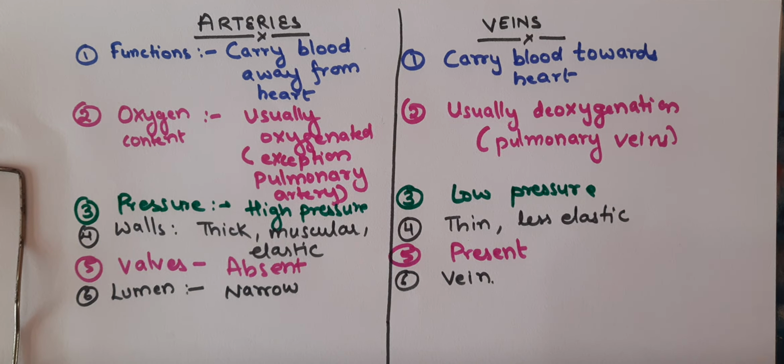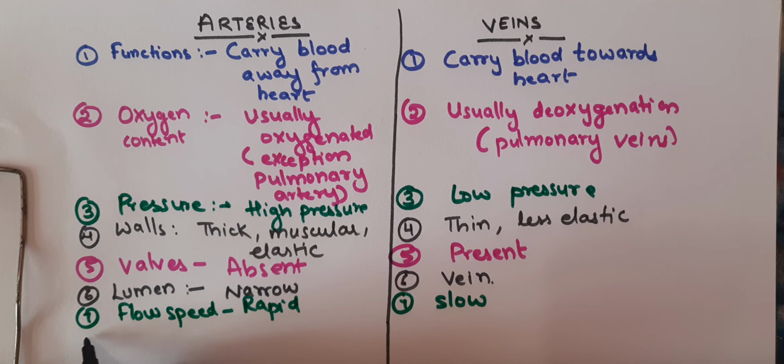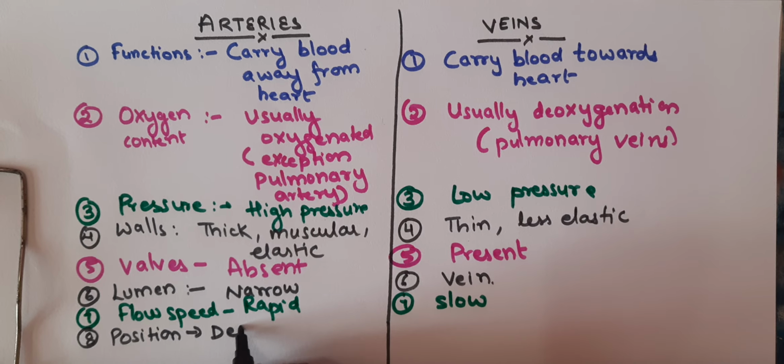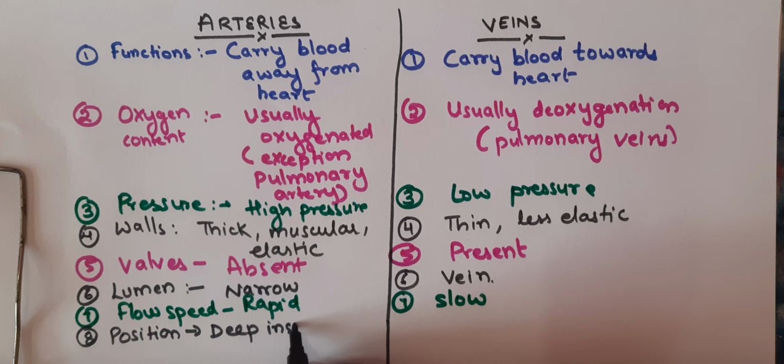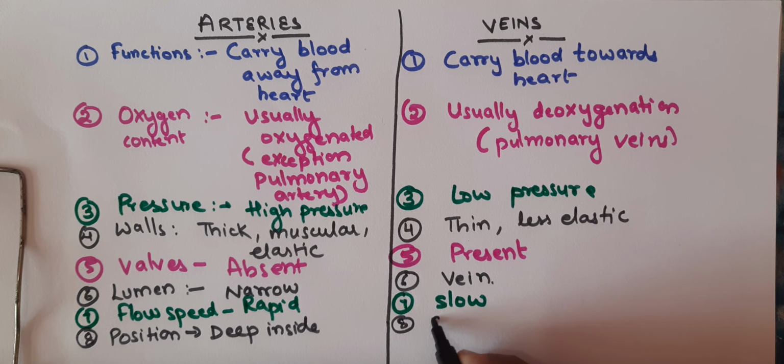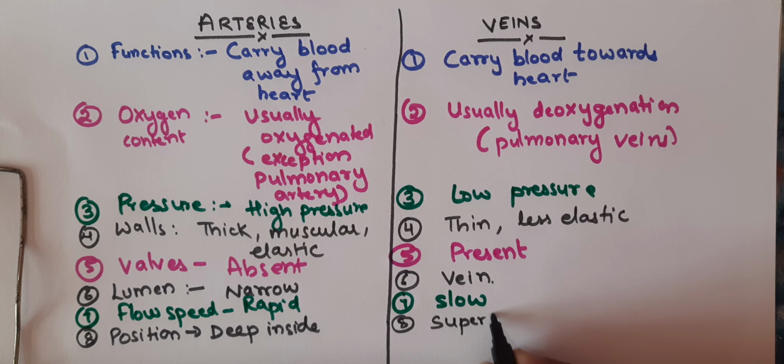Now the last difference between the two is in terms of the position. The artery, students, is deep inside our body. However, the veins are usually present near the skin, so they are superficial.